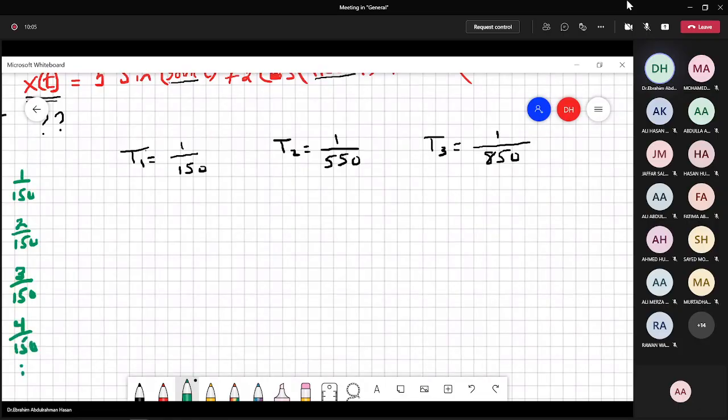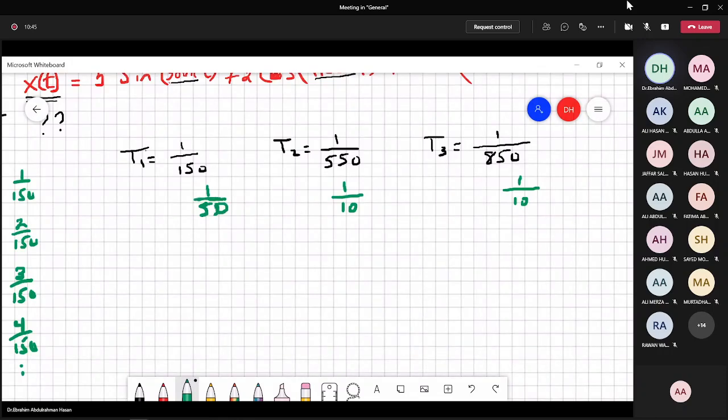If you look here, there is a 10 in common, 1 over 10 here, and 1 over 10 here. So what is left is 15, 55, and 85. Again, we have a common factor of 5 between all these. So here we have 1 over 5, but 1 over 5 multiplied by 1 over 10 is equal to 1 over 50.